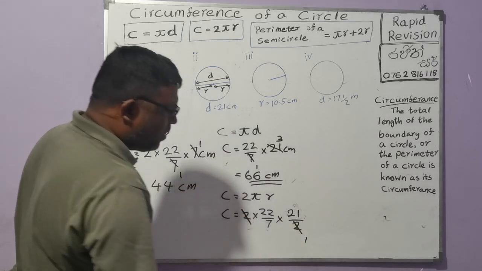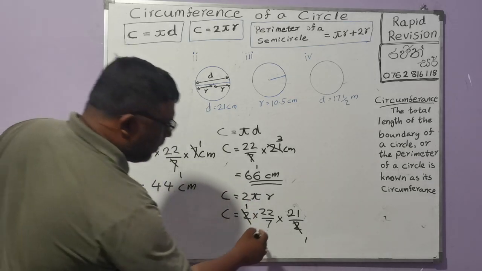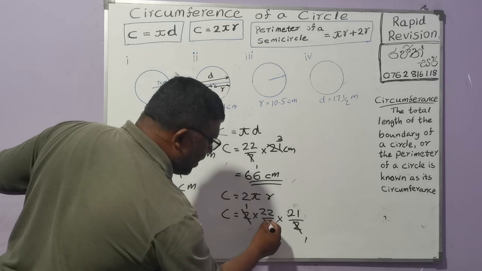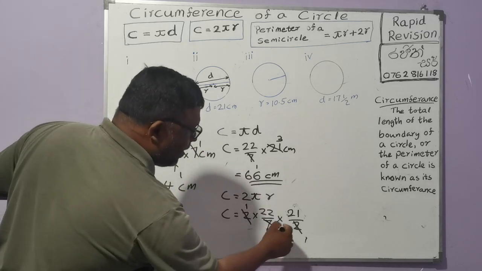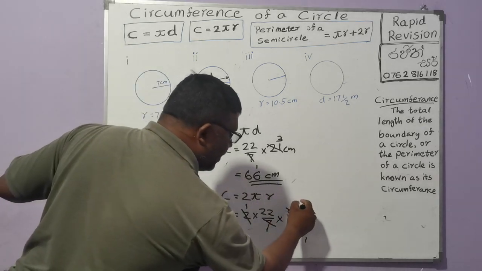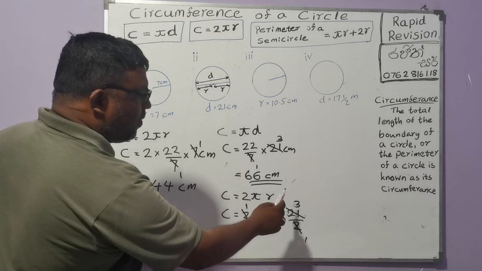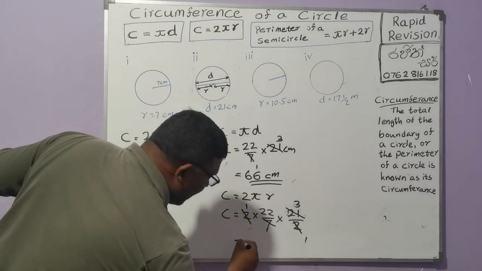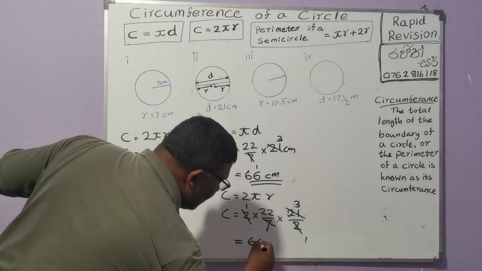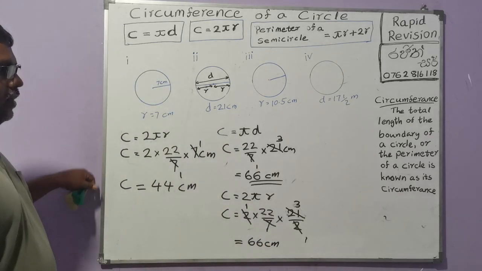Therefore, you can cut this 2 by 2, that is 1. Then you can cut this 7 by 7, that is 1. This 21 by 7, that is 3. Again you get the answer 22 multiplied by 3, that is 66 centimeter.